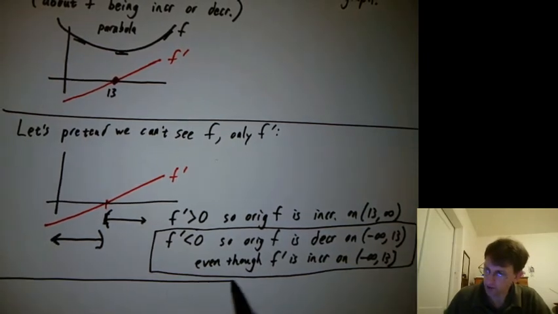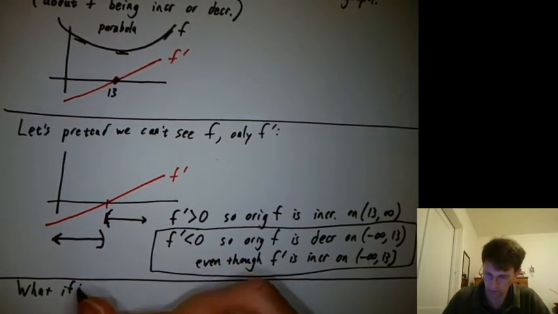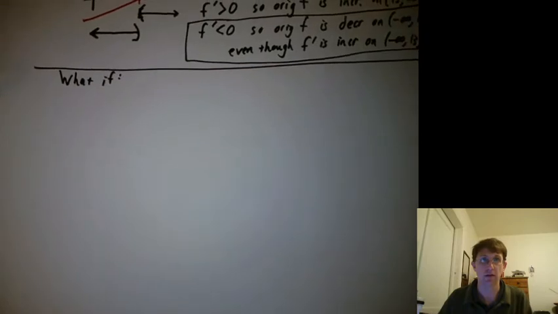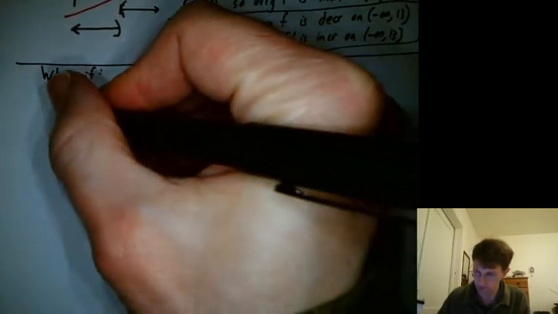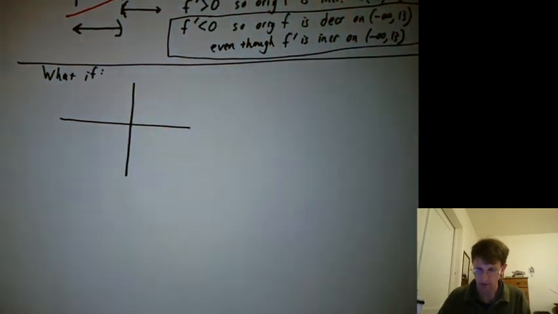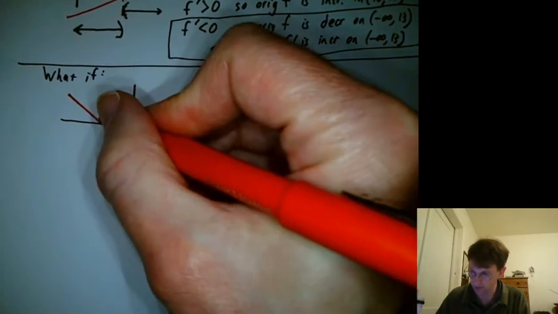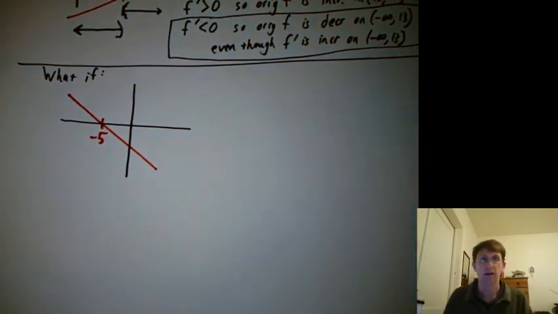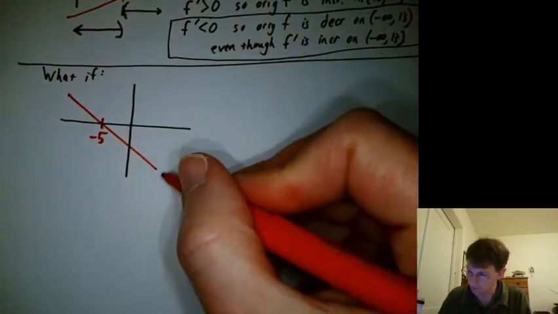Let's do a slightly harder problem. There we go. So let's draw something like that, with negative 5 marked, and that's f prime.